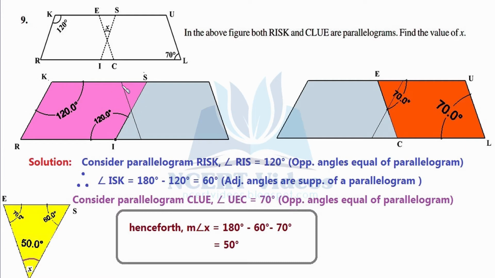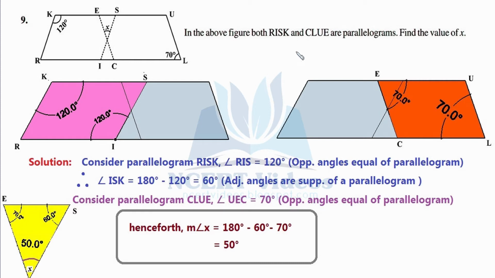Angle ISK will be equal to 180 degrees minus 120 degrees, which is 60 degrees, and the reason is adjacent angles of a parallelogram are supplementary. This particular section we have represented over here, and we have found the measure of this angle as equal to 60 degrees. Therefore, we represented it over here.